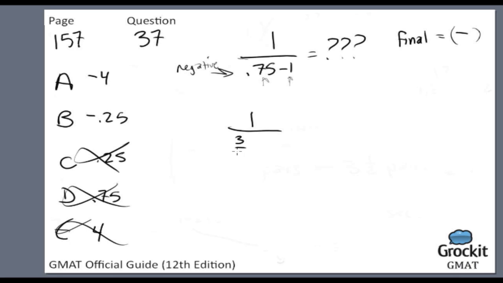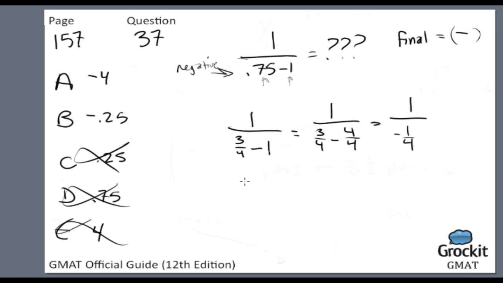So this is the same thing as 3/4 minus 1, which is the same thing as 3/4 minus 4/4. Remember, any number over itself is the same thing as 1. So then we end up with 1 over negative 1/4.